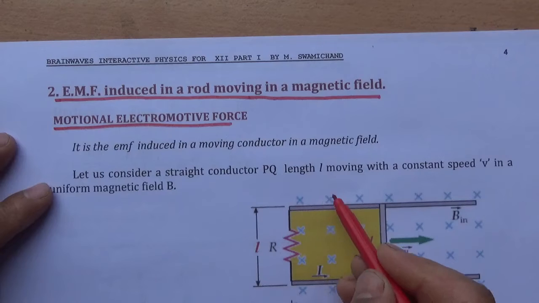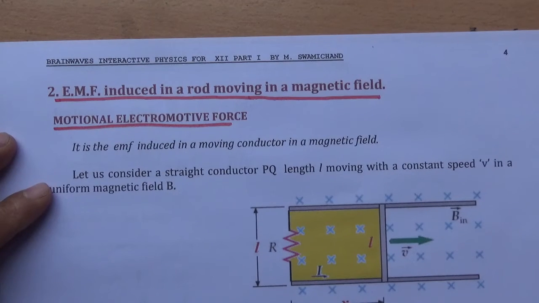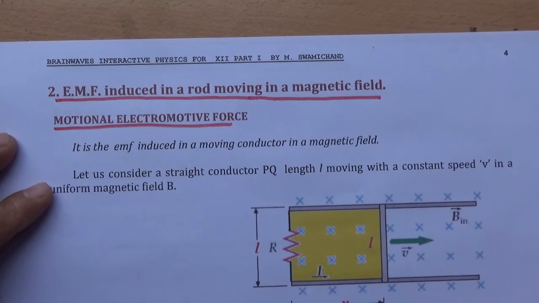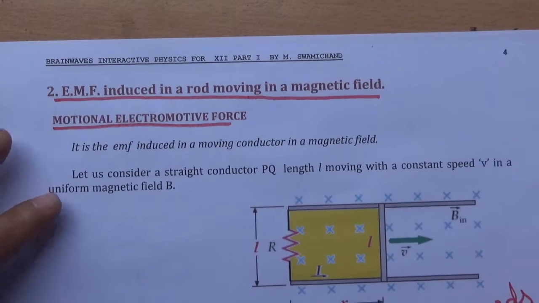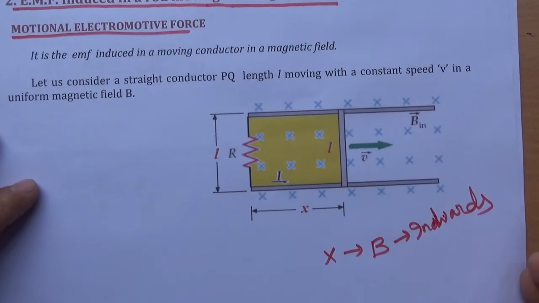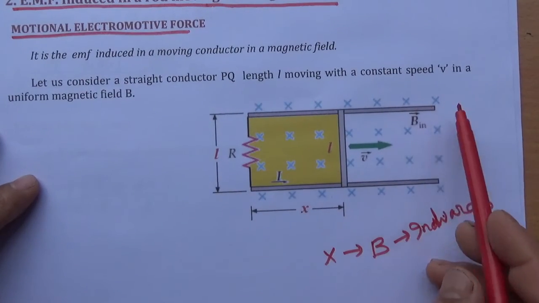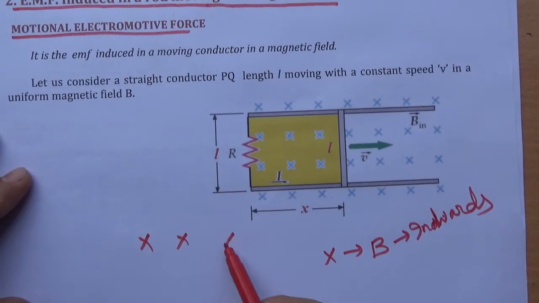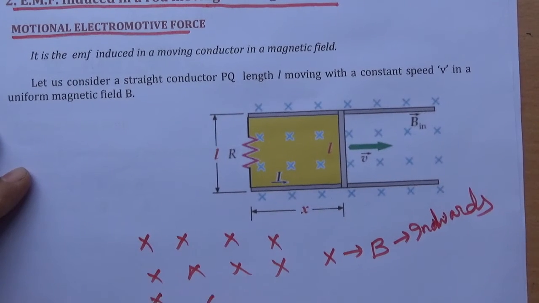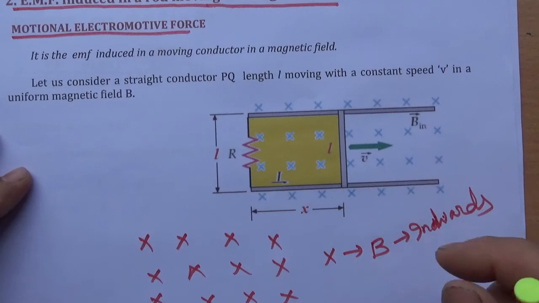This cross represents a magnetic field directed inwards. The blue crosses represent a magnetic field directed inwards.